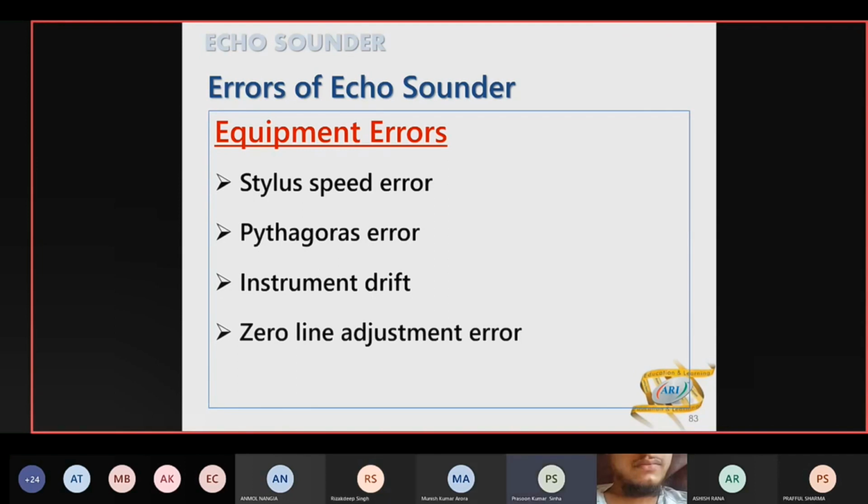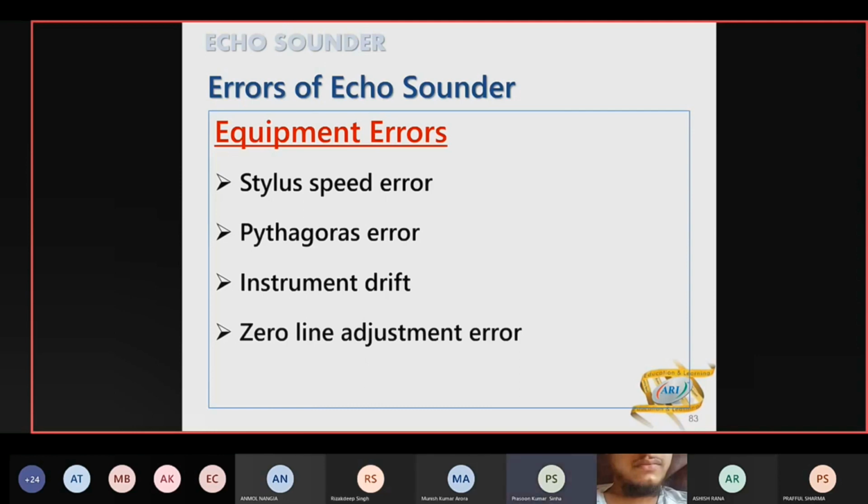There can be other errors which are not dependent on the equipment, not dependent on the malfunctioning of the echo sounder. That is dependent on external factors. So some of these can be categorized as equipment error, some can be categorized as external. You have to identify as we go on which one is which.